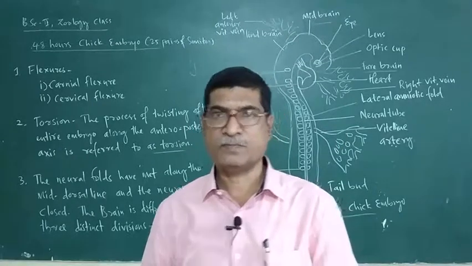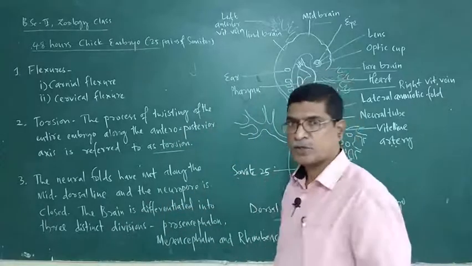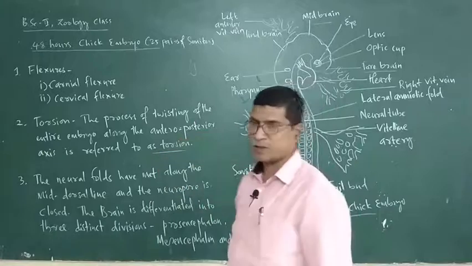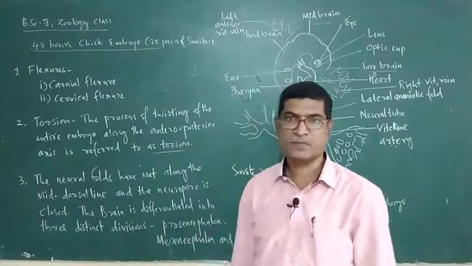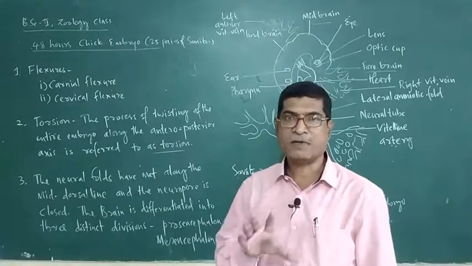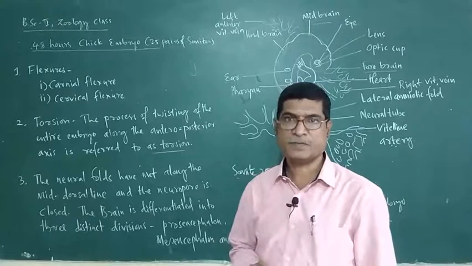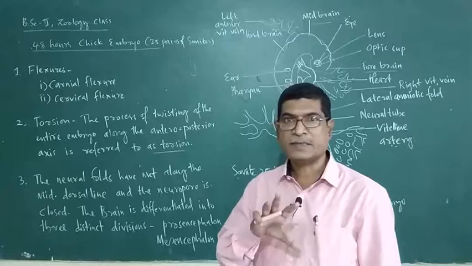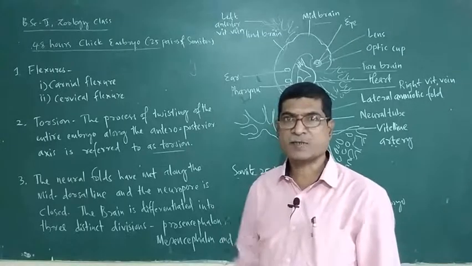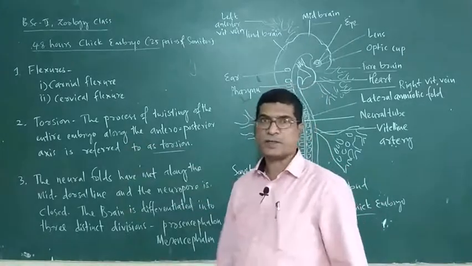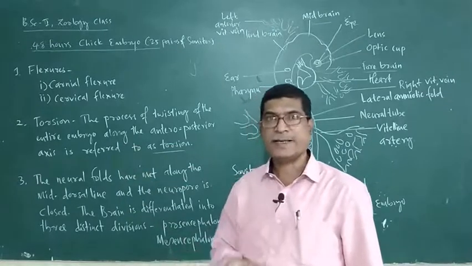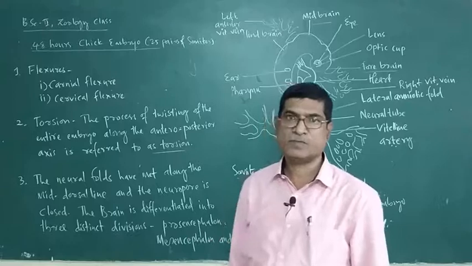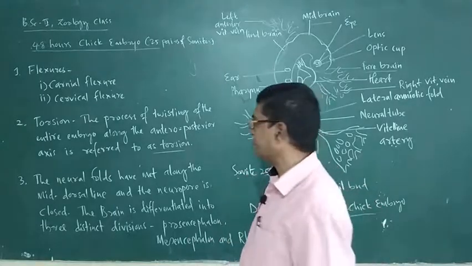It is question mark like. Torsion means twisting. The anterior part of the embryo is twisted on its right side, and this twisting process is called torsion. Due to torsion, the anterior part of the embryo is turning on its right side.